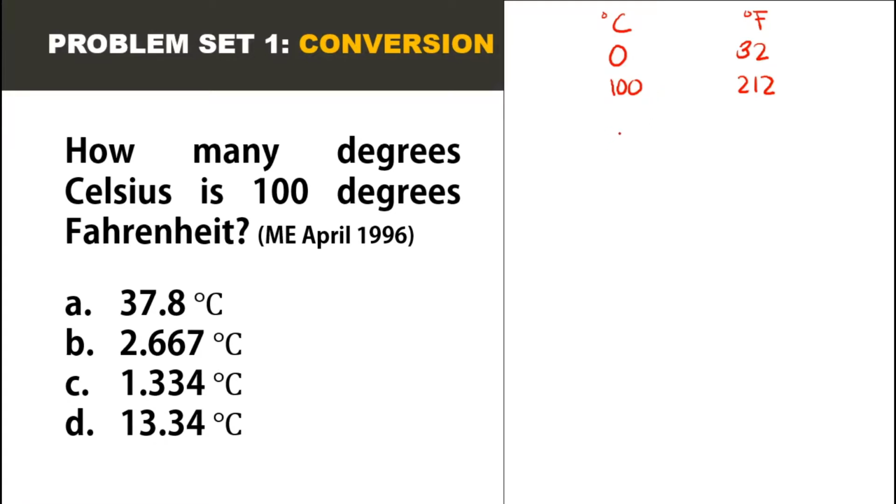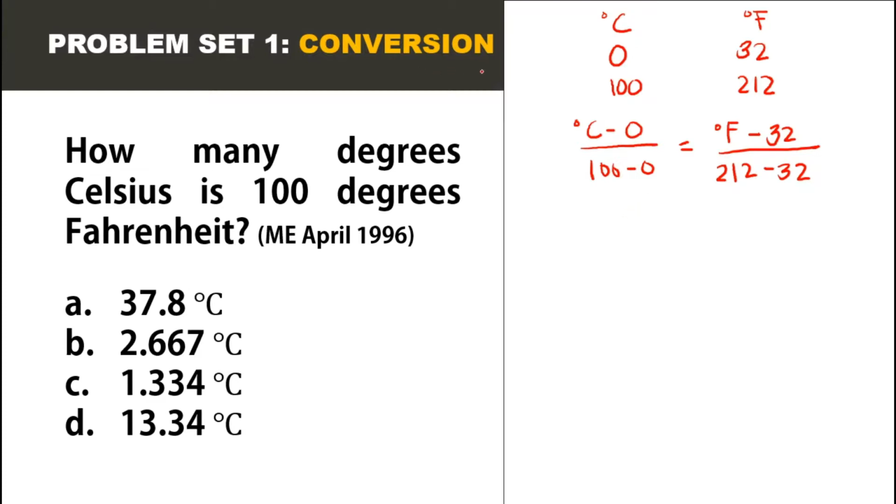So we can use ratio and proportion to find the relationship between degrees Celsius and degrees Fahrenheit. We have degrees Celsius minus 0, all over 100 minus 0, equal to degrees Fahrenheit, where 0 corresponds to 32, all over 212 minus 32.